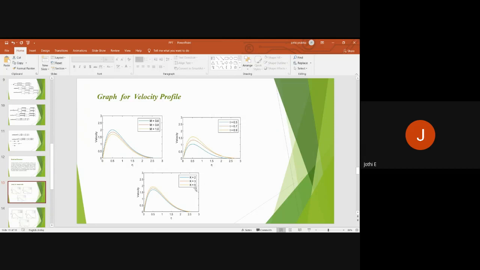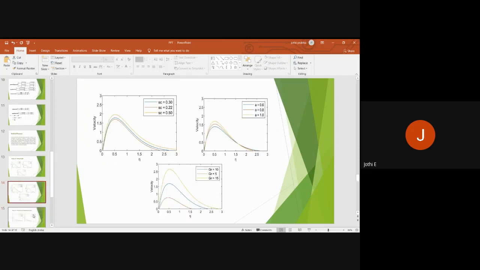K is the permeability parameter. Next, velocity profile for different values of Schmidt number Sc, 0.30, 0.22, 0.50, and velocity profile for different acceleration A equal to 0.6, 0.8, 1.0.